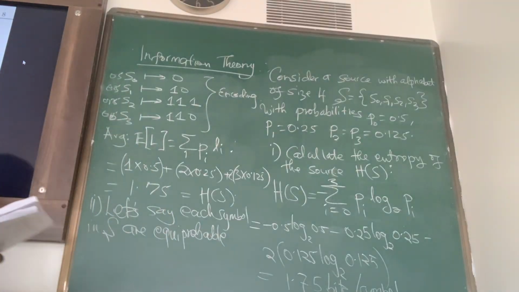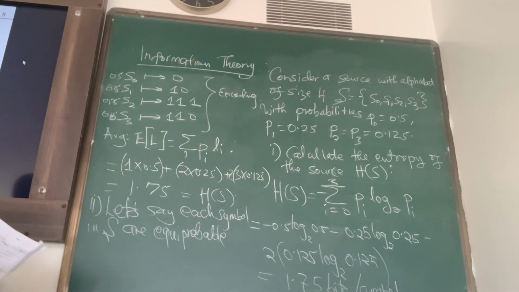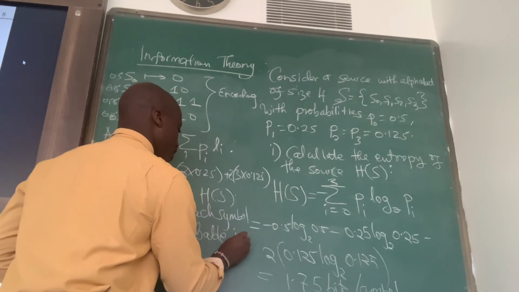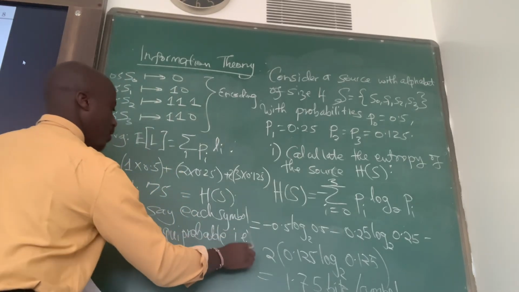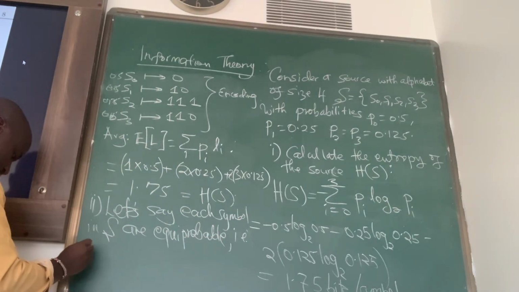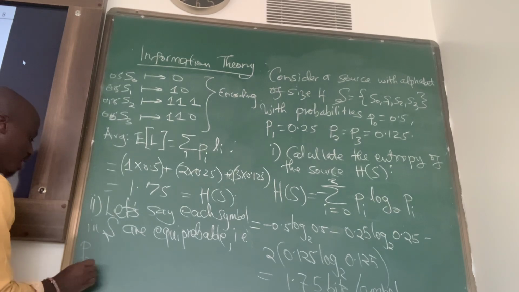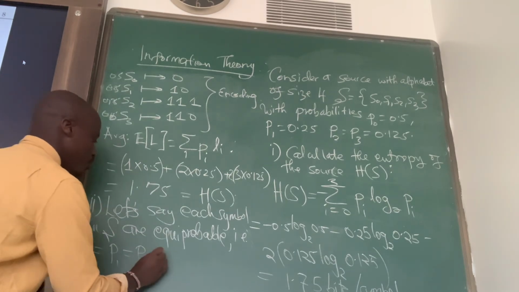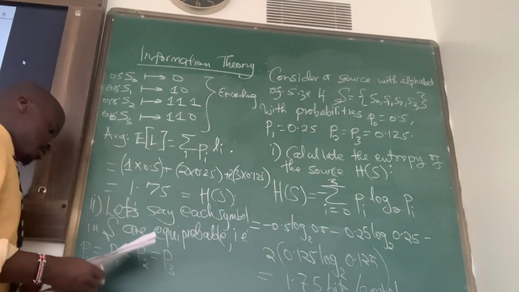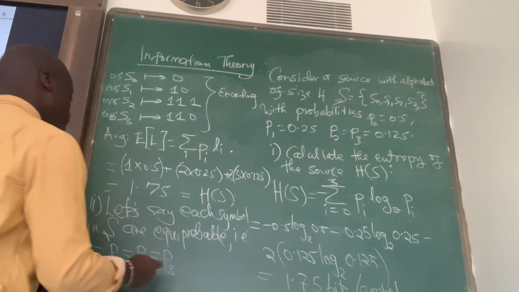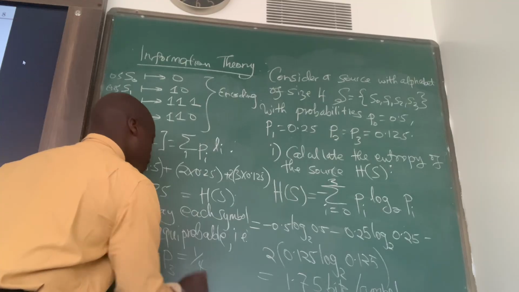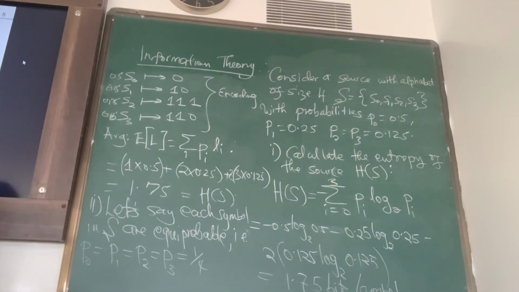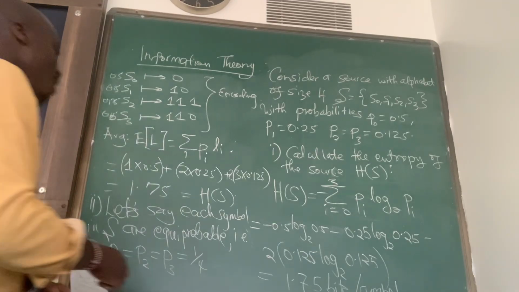That means they have the same probability. What does that mean? i.e. P0, the probability of symbol 0, is equal to the probability of symbol 1, is equal to the probability of symbol 2, is equal to the probability of symbol 3, and all these will be equiprobable, so we just give them a quarter as their probability.